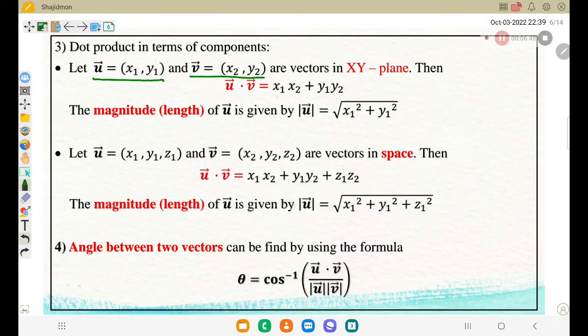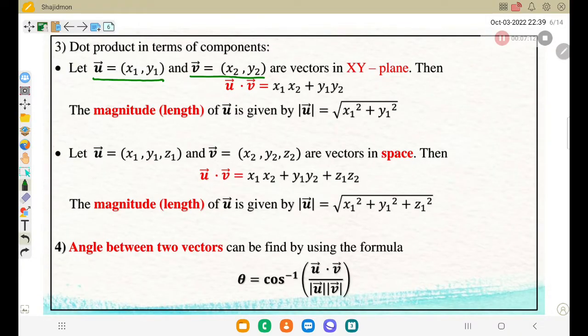This number we are calling the dot product. If you are given the vectors as points, like an ordered pair, you can do it like this: u dot v equals x1 multiplied by x2 plus y1 multiplied by y2. Now magnitude, no need to think here because we have already studied it in the first section. Magnitude of a vector means root of x square plus y square.